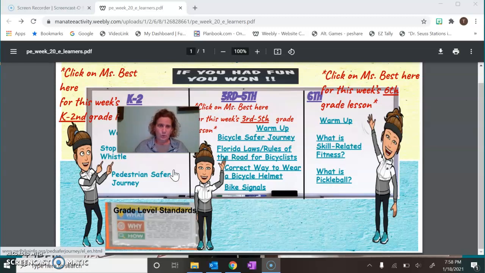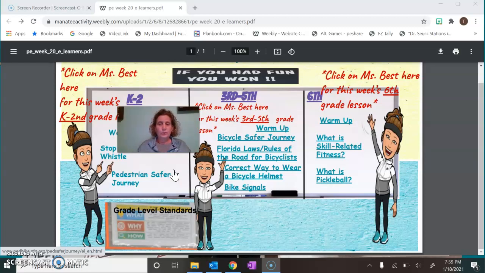So, very, very important. Once you've had a discussion with your family about all the things that I just spoke to you about, and you can pause along the way, you can rewind, I want you to practice being a pedestrian, because those are the exact same things that we're going to work on in the classroom.